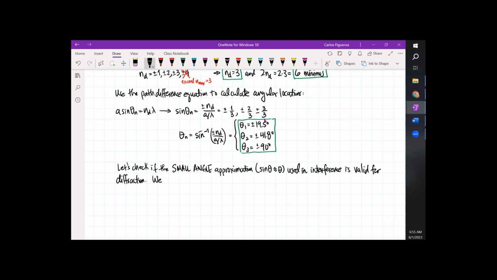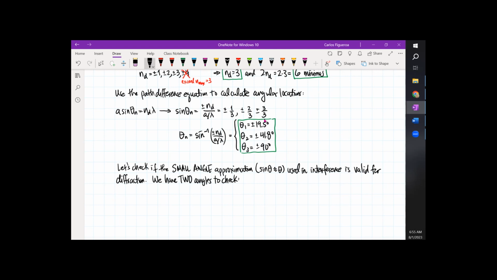We have two angles to check. Well, we know 90 degrees is not a small angle, so that doesn't make any sense. So here we go.